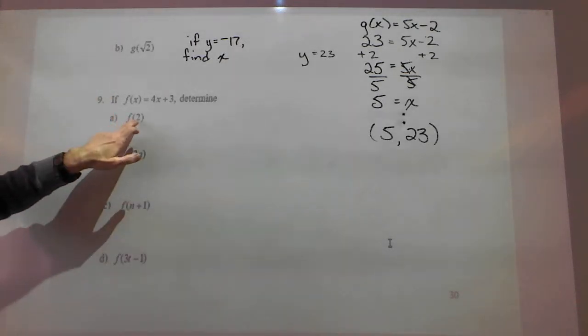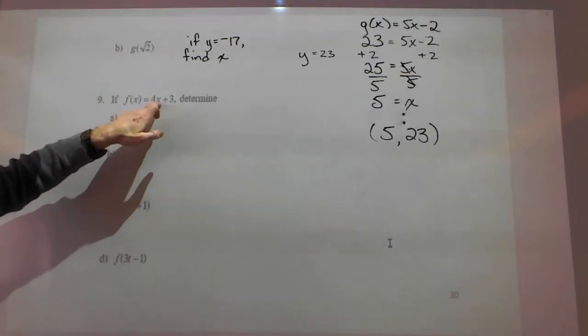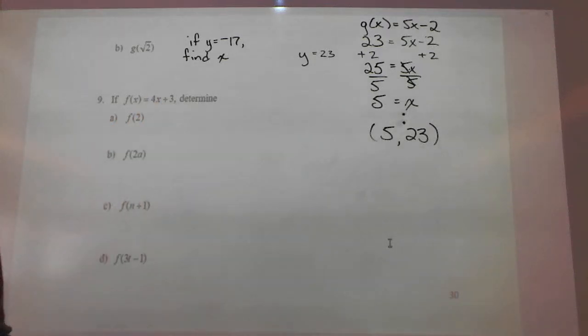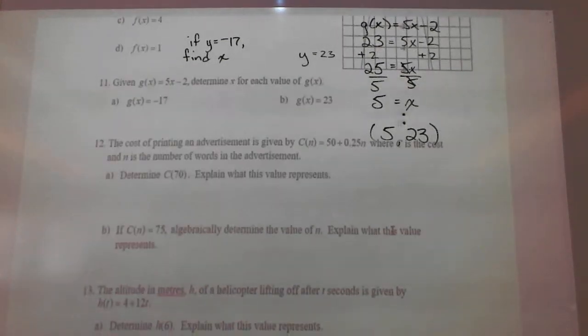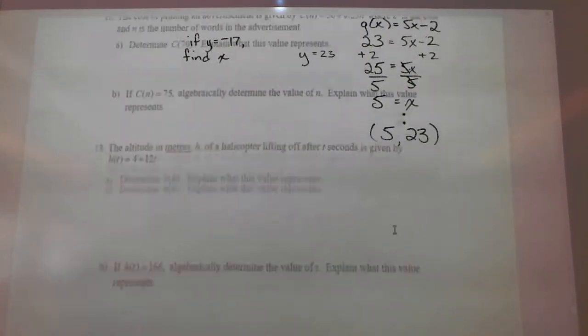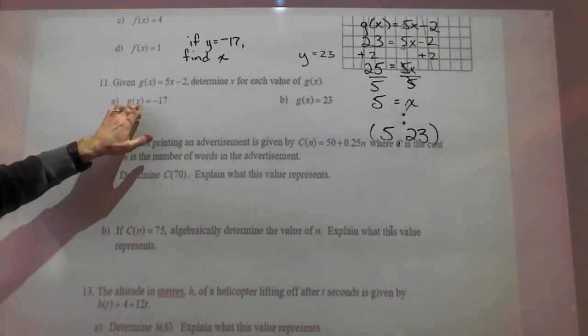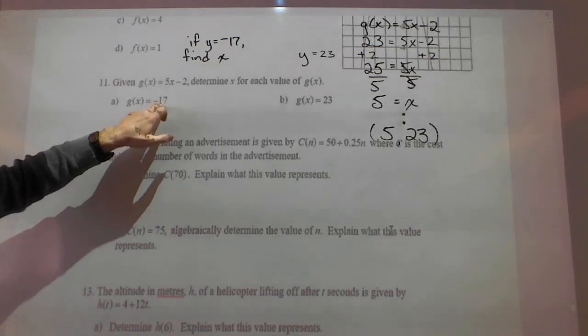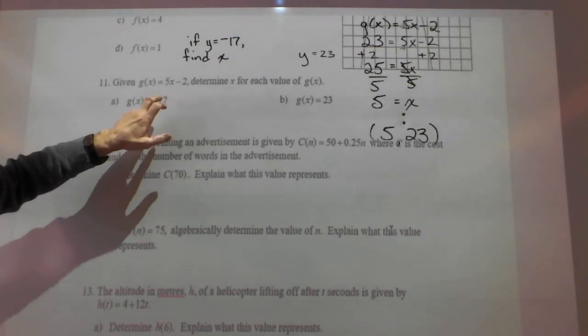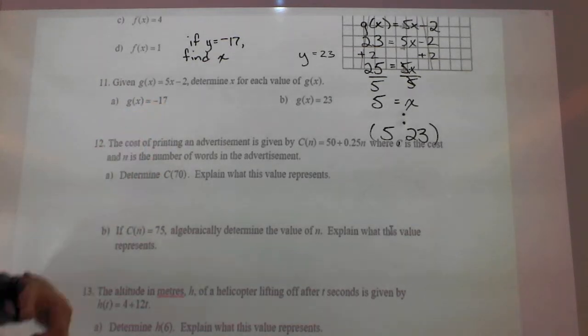Okay? So if you see a number in the brackets, sub it in for x. If you see an x in the brackets and they're saying that it has this particular value, they're giving you a y. Okay?